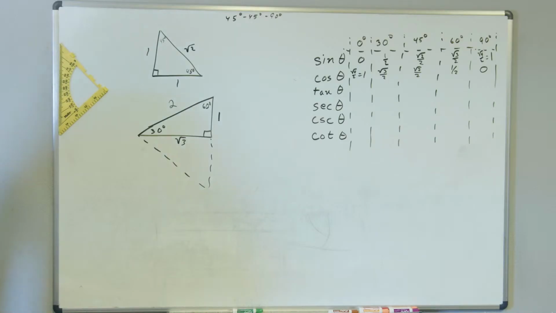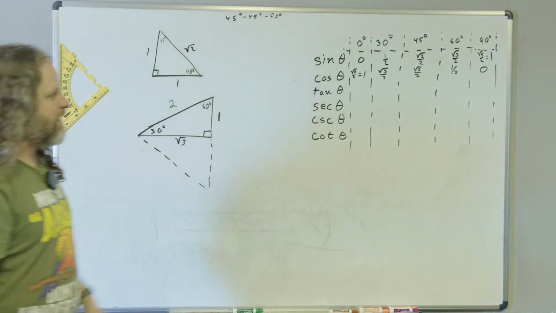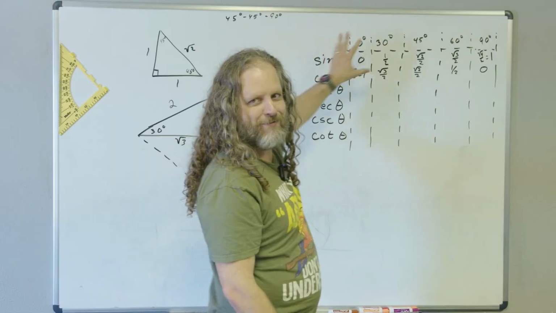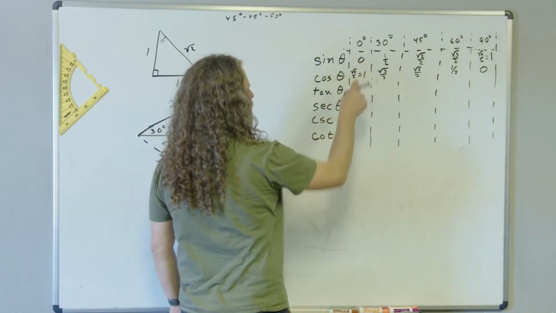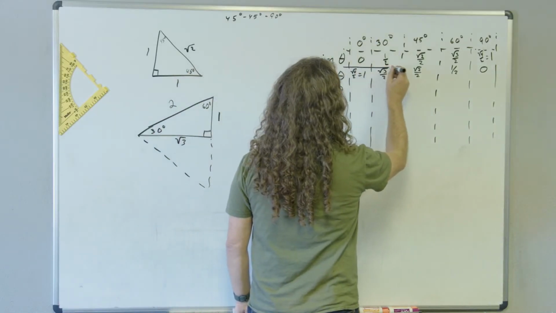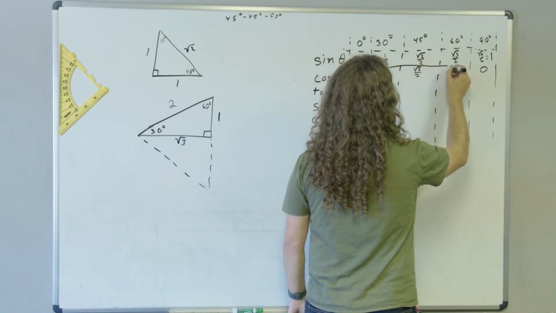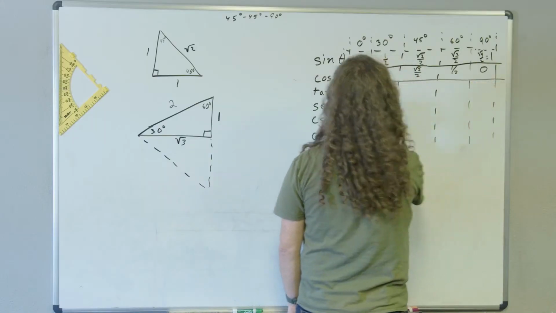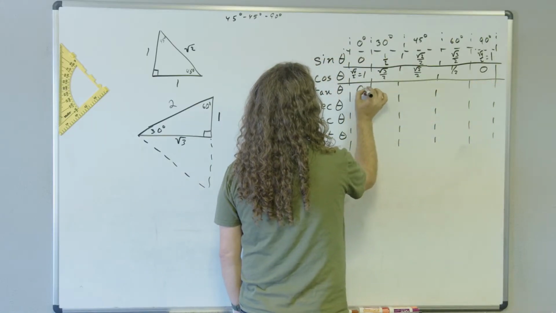Yeah. So if you remember that tangent is sine over cosine, then you can pull it from these. What's 0 over 1? 0. Great. And 1 over 0 is undefined, that's for 90.